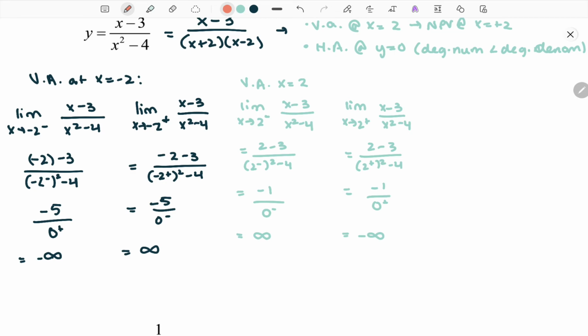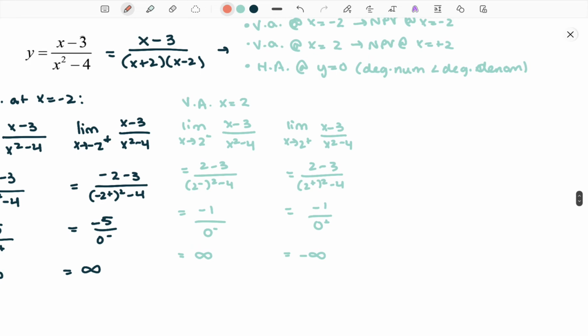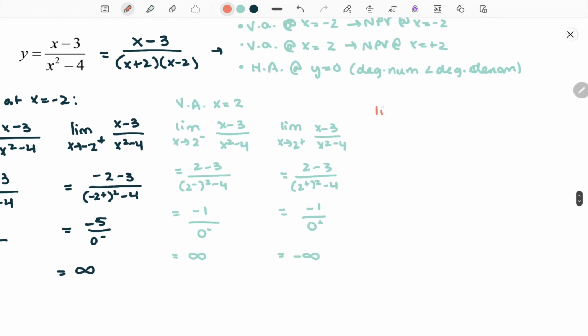Now I get to my horizontal asymptote, and I just need to check where it is approaching when I go toward positive and negative infinity in terms of x. Well, I'm going to check both of those infinite limits here. So as I approach positive infinity of (x minus 3) over (x squared minus 4), again, I can't just substitute in an infinity here. I need to do a little bit of work first, right?